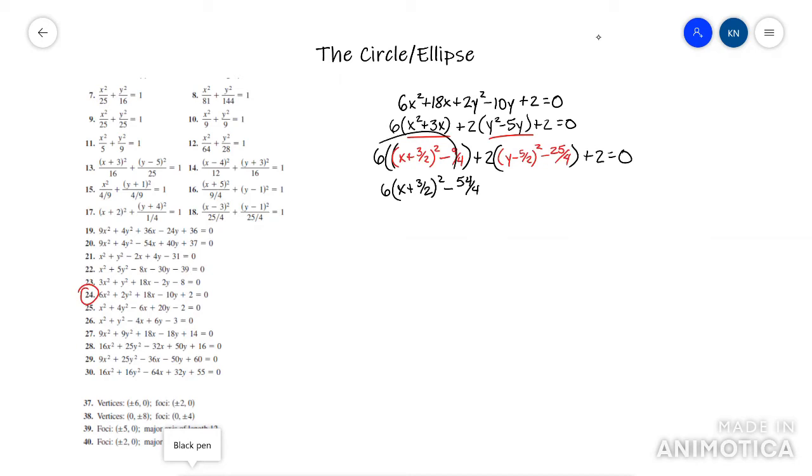This is the second part where I redistribute that 6. The second one would look like this. And then I'm just going to leave it 50 over 4. All right, now that I've redistributed, I'm going to combine these two fractions. So here's what it's going to look like.